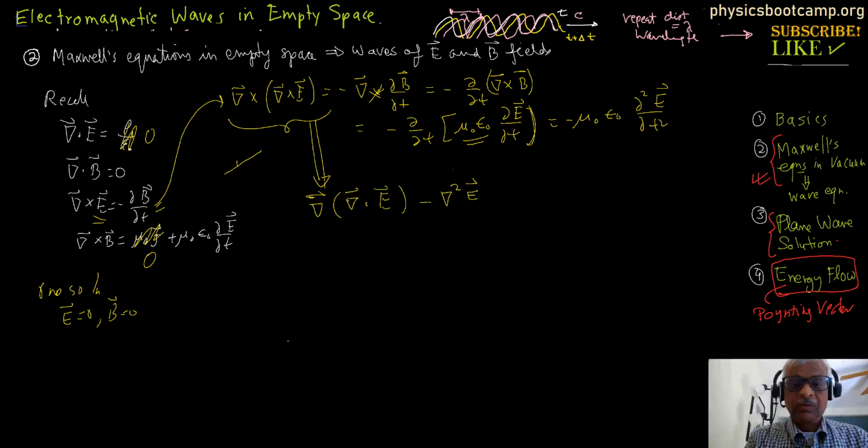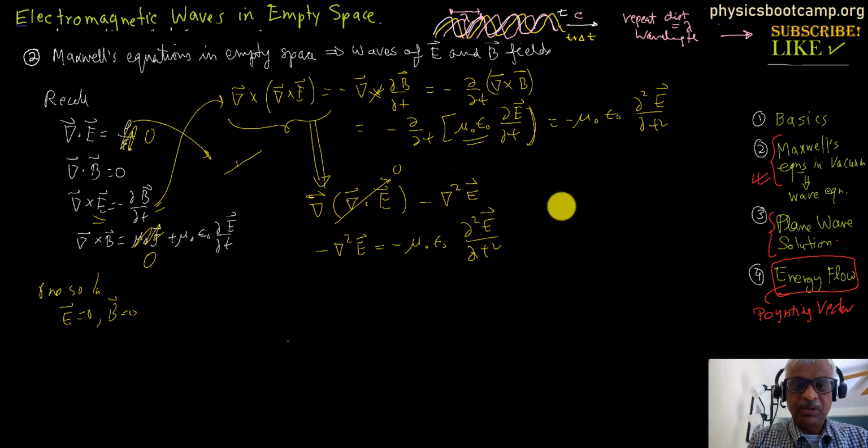So you have a del of del dot E, the left side equals that, and then I use this, del dot E is 0, so that goes to 0, and this whole equation just becomes minus del square E equals minus mu naught epsilon naught d square E dt square, or you can say del square E equals mu naught epsilon naught d square E dt square.